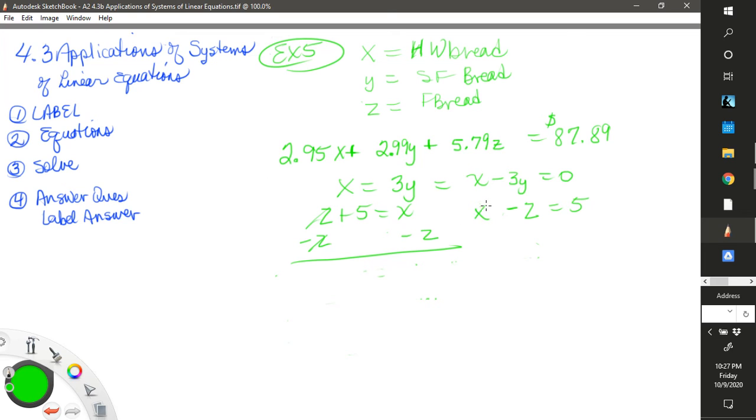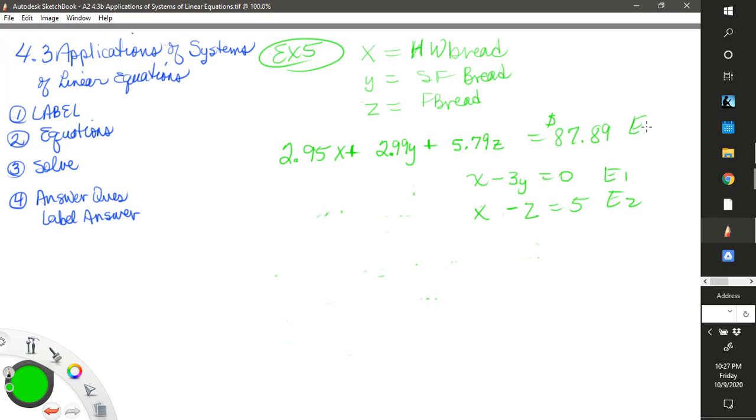We're going to need to study them and say which variables do we want to eliminate, and which one do we want to be our working equation. All right. Well, let's make this equation 1. This can be equation 2.